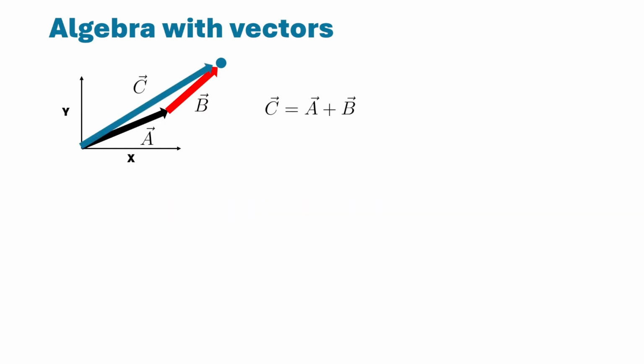So now this can give us an idea about how we add vectors. If we wanted the full displacement, then we would want a vector that starts at the very beginning starting position all the way to the last position. That gives us our vector C, the blue vector, which is the displacement that results from adding A plus B.